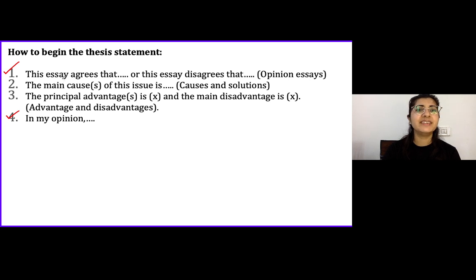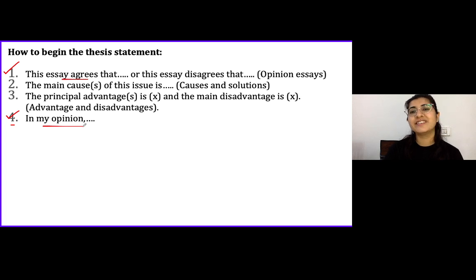So, for example, I can say this essay agrees that raising or increasing the price of fuel would definitely be a good solution in certain cases only or up to a certain extent. It's a partial agreement. Or number 4, I can say, in my opinion, it has some benefits and some drawbacks, so I partially agree. Or I opine that it is partially beneficial. Or I support the notion that it is partially beneficial. So I'm going to give my opinion in my thesis statement.